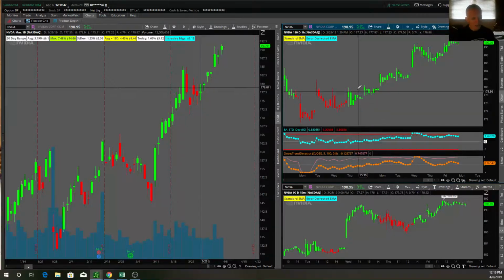When this thing is green and this is above that zero line and this is at it or above it, I'm not really looking at this. I'm only looking at it for the extreme moves. If this thing slaps the floor like it did right here and this did not come all the way down, that's a divergence. I'm thinking we're going to get a snapback rally immediately. That's how I look at that on the short time frame.